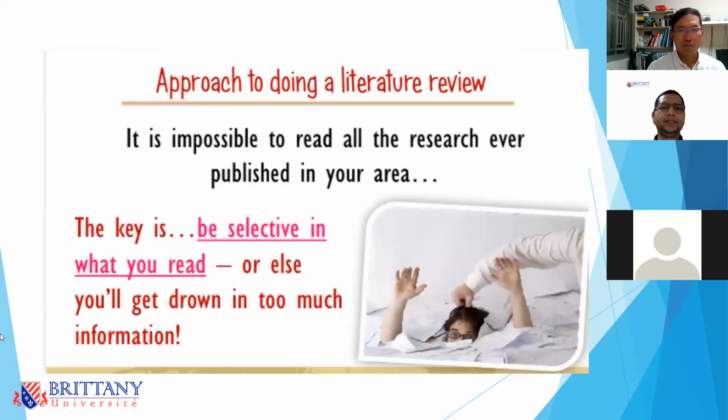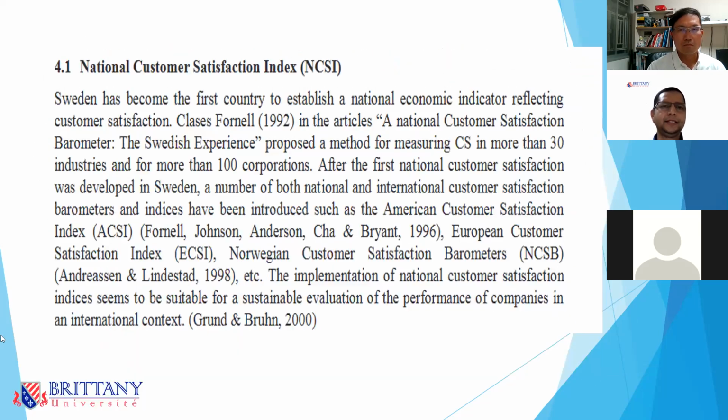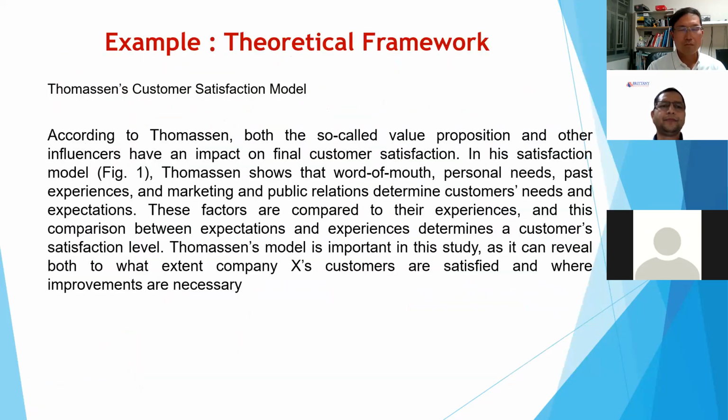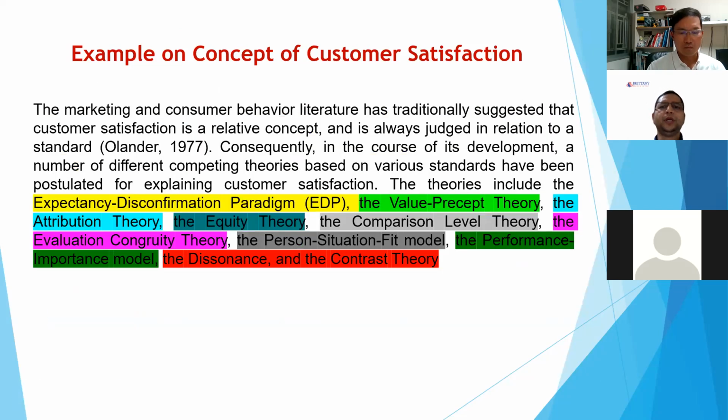Now let's continue. Once you find this, you will start writing your literature review. Now, how to do a literature review? For example, you are writing on customer satisfaction. The marketing and consumer behavior literature has traditionally suggested that customer satisfaction is a relative concept and always judged in relation to a standard. Who explained this? Hollander in 1977.